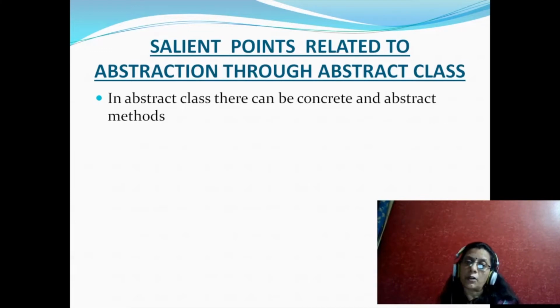But abstract methods referred to those methods which had no body and were not defined, only declared. So this was the case of abstract class. But in case of interface, only abstract methods are prevalent.